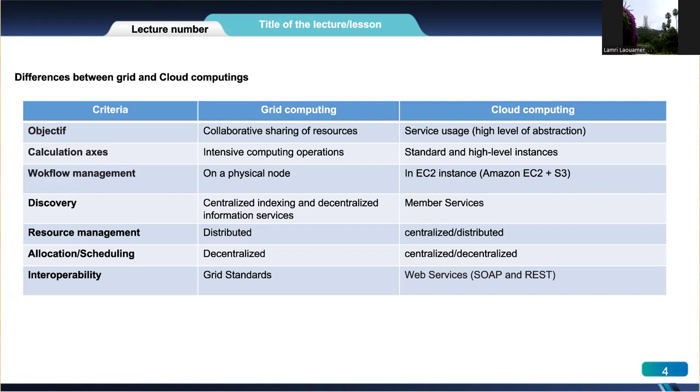The third criterion is resource sharing. Grids are founded on the principle of resource sharing among multiple organizations and research institutions.